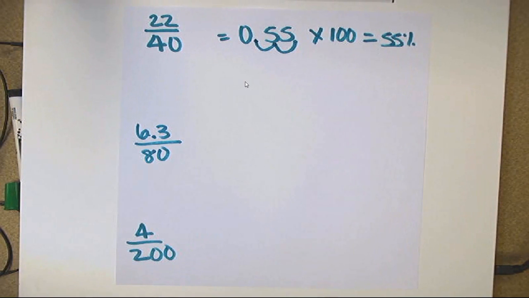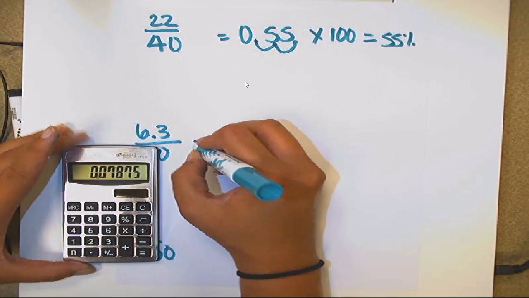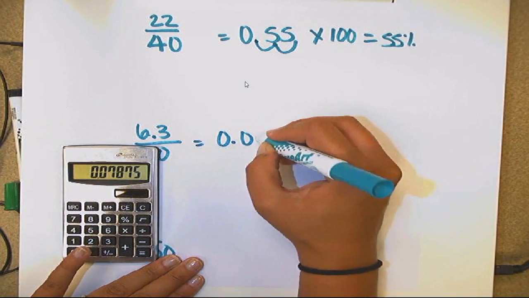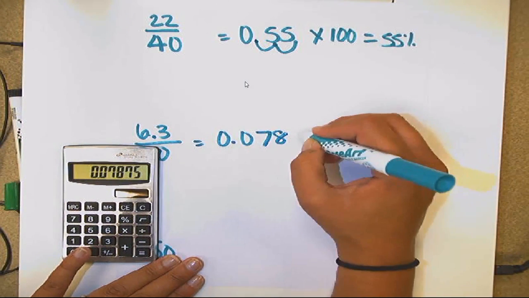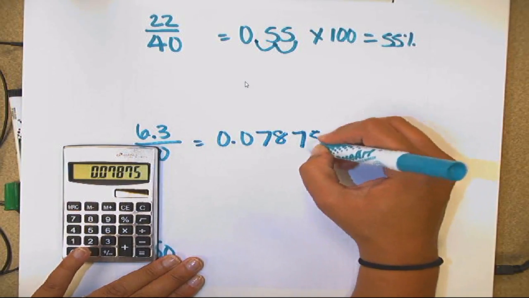It is, what percent of 80 is 6.3? So I'm going to take my 6.3 and I'm going to divide it by 80. So 6.3 divided by 80. And I get a long number. I get 0.07875.